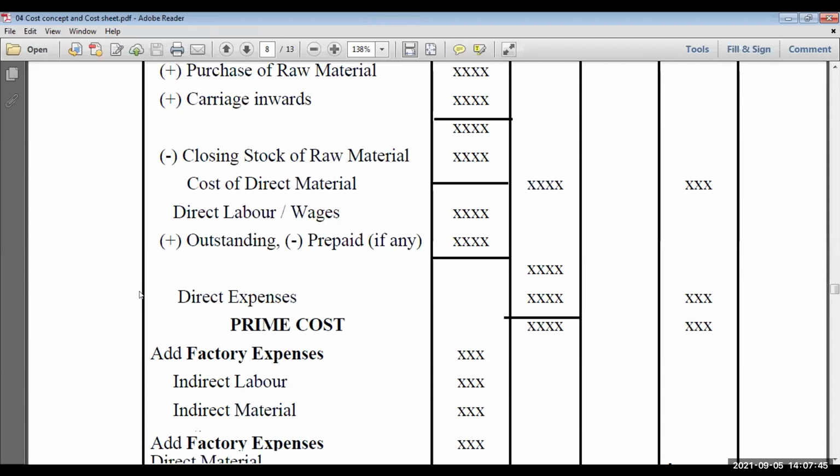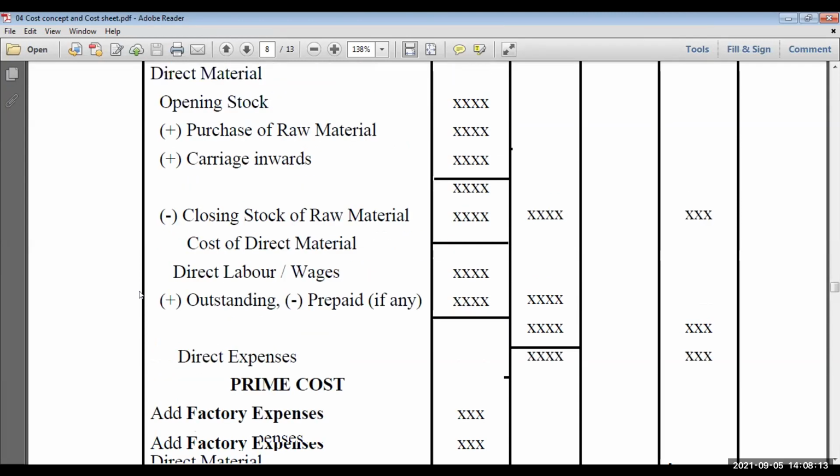Out of 10 rupees, what you pay for buying a pen, the maximum percentage will be prime cost, maybe 5 rupees or 6 rupees. Are you understanding what is prime cost? Prime cost is nothing but the sum total of all direct material, labor, and expenses.